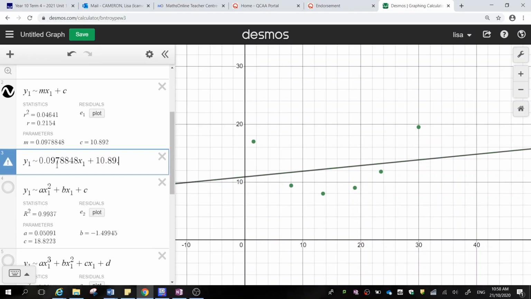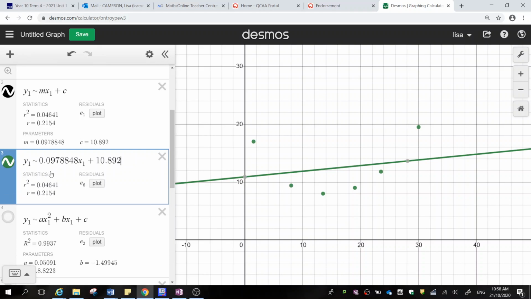So, sorry, not 0.2, just 2. So see how they've got the same r squared score? Because this is the function that the computer's generated for you. To fit the data, the best gradient that it could recommend to you is this gradient with this intercept. Okay, the constant is always the intercept on the y-axis here.